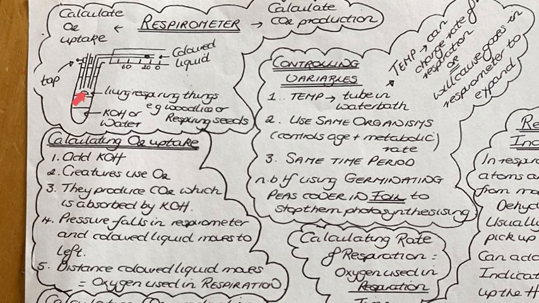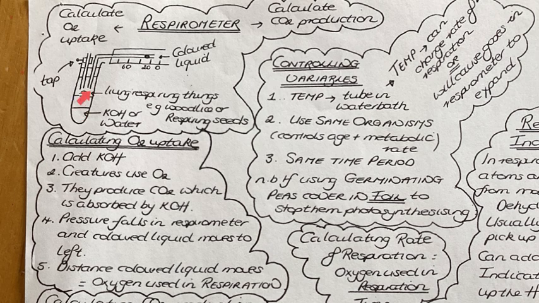They will be respiring, so they will produce carbon dioxide, but the carbon dioxide does not go into the air. The carbon dioxide is absorbed by that potassium hydroxide, so they use oxygen, they produce carbon dioxide, but it goes into the fluid.